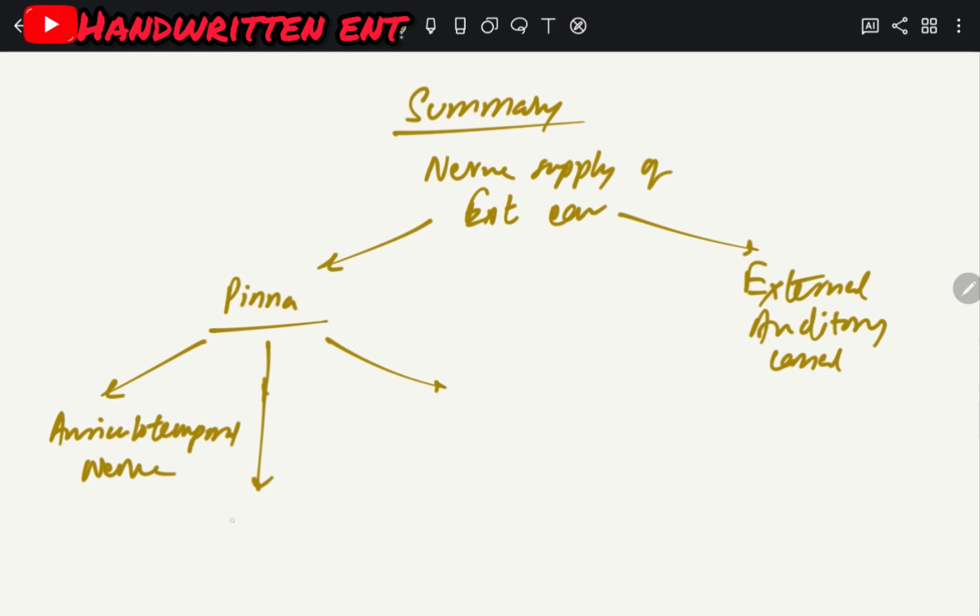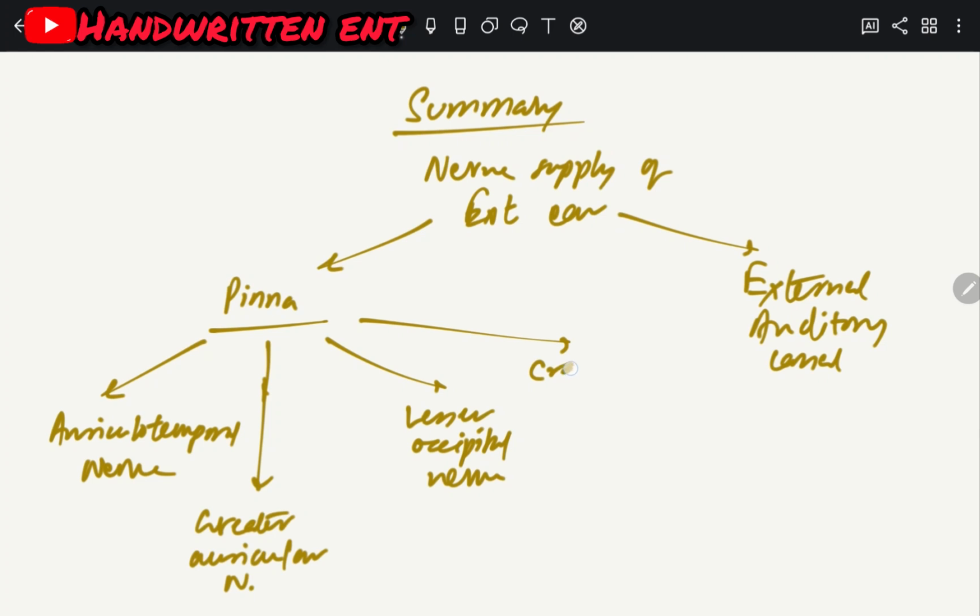It is supplied by greater auricular nerve. It is supplied by lesser occipital nerve and by cranial nerve 7 and 10, that is its auricular branch.